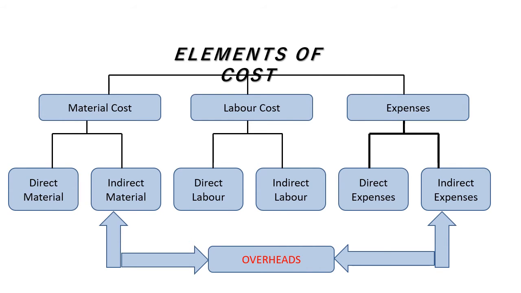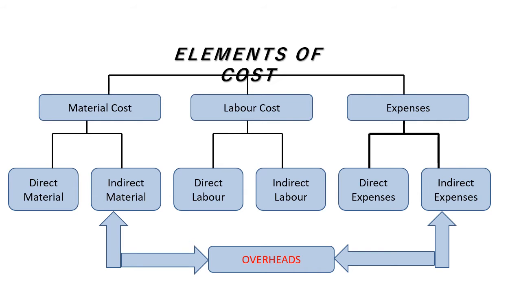Cost is divided into three main parts: material cost, labor cost and expenses. First element is material cost, which is the cost of commodities supplied to an undertaking. It is divided into two parts.